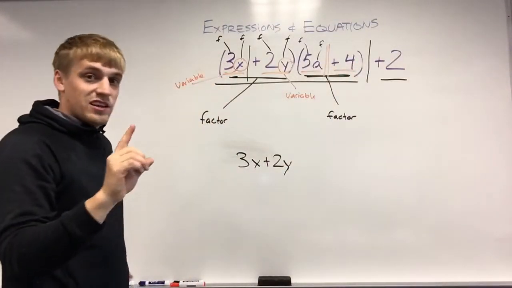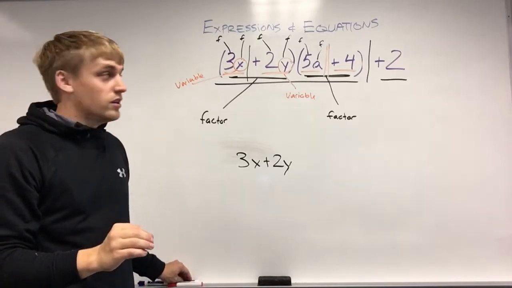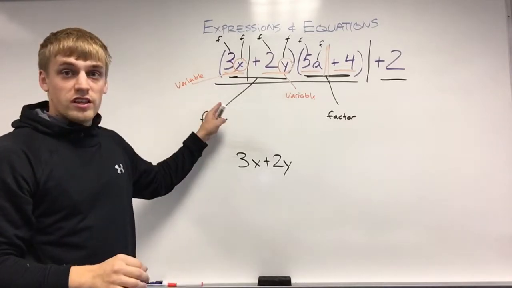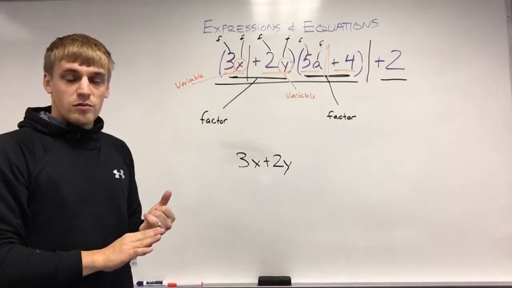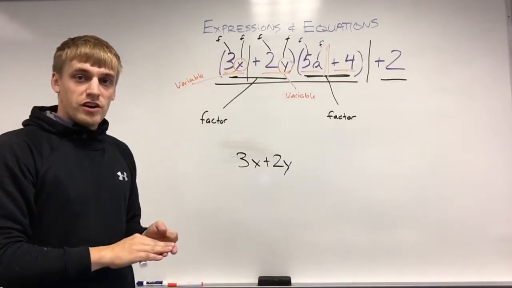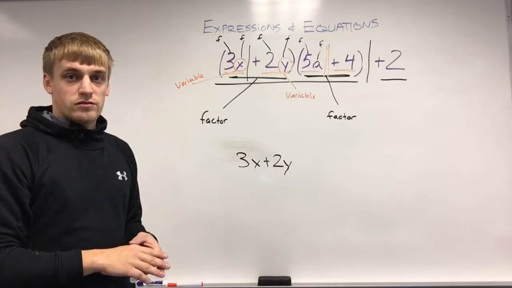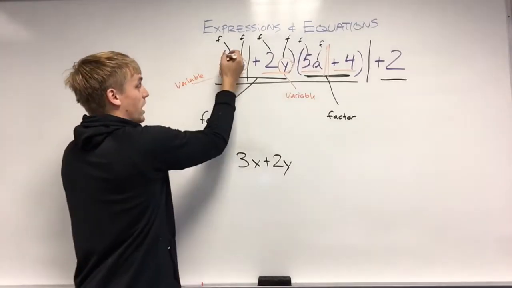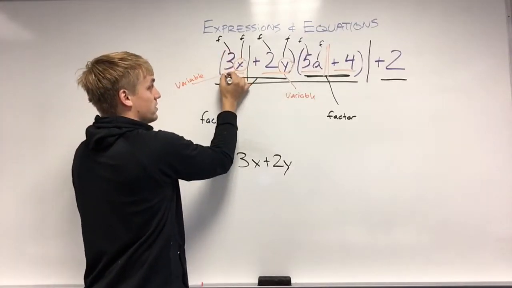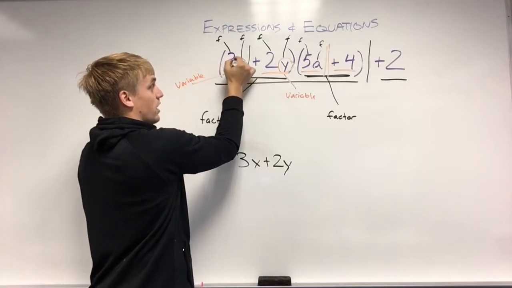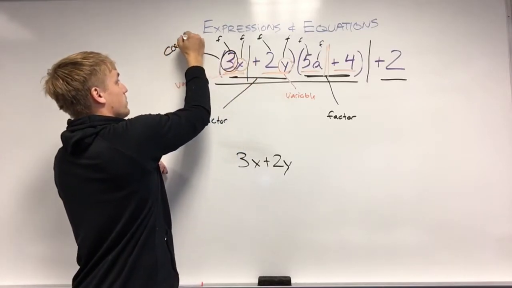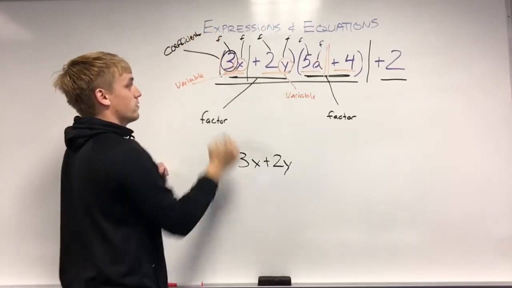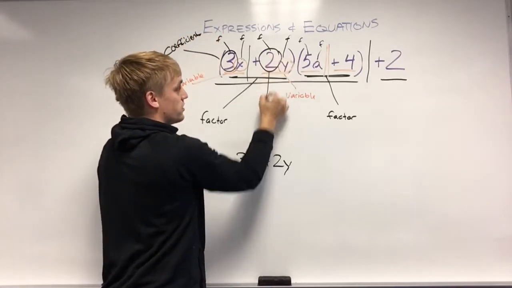Okay? The last thing are coefficients. How many coefficients are in this entire expression? Coefficients are constant numbers in front of a variable in an expression. So if you look at this, 3 is a coefficient. This 2 is a coefficient.